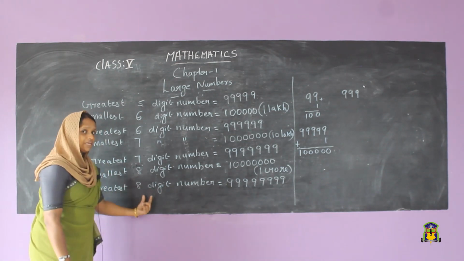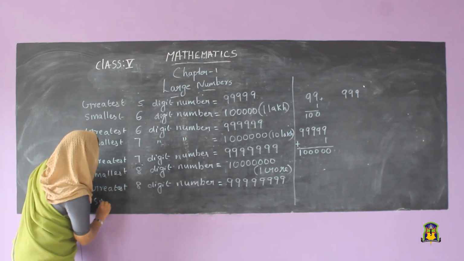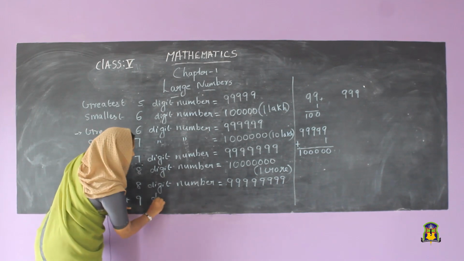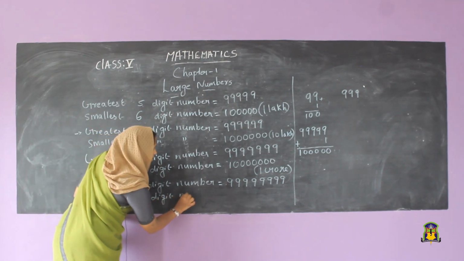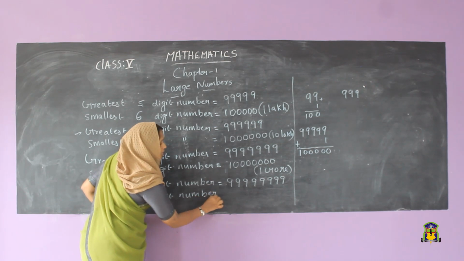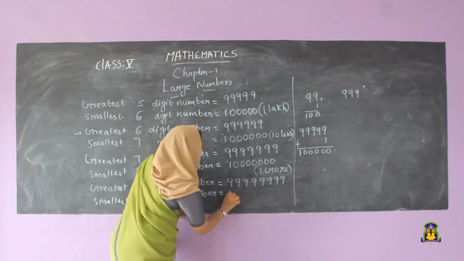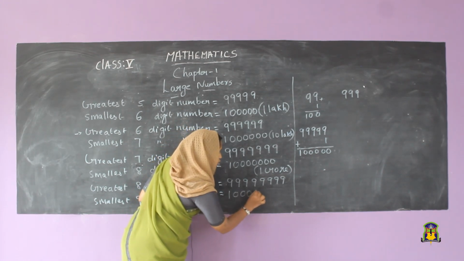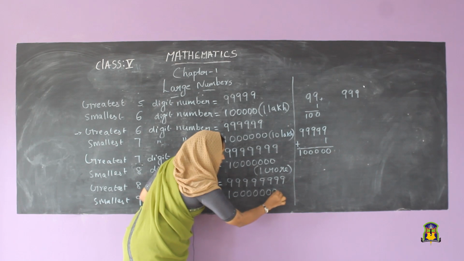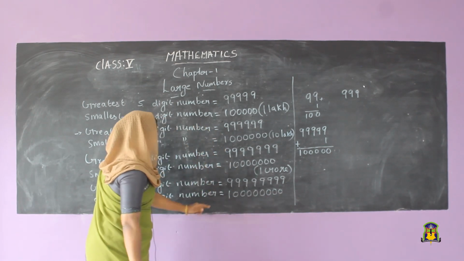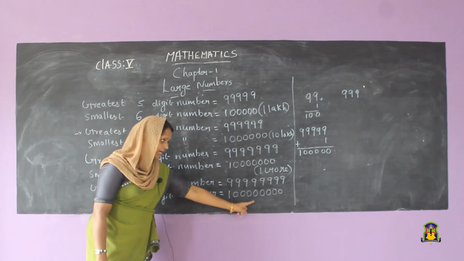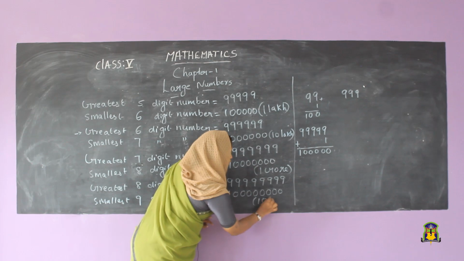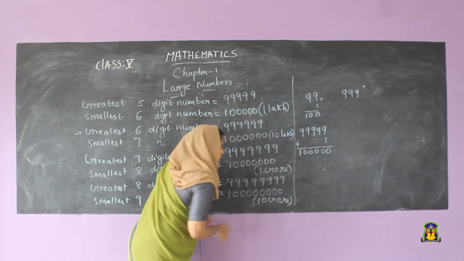We want to add 1 to get the smallest 9-digit number, that is 1 and 8 zeros. So total 9 digits. Yes, this is the smallest 9-digit number. We call this number 10 crore.